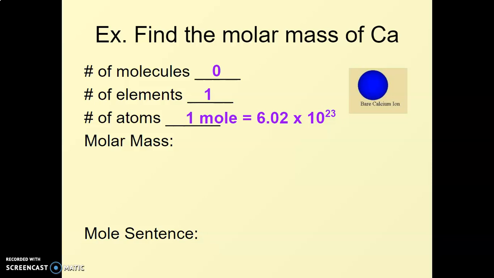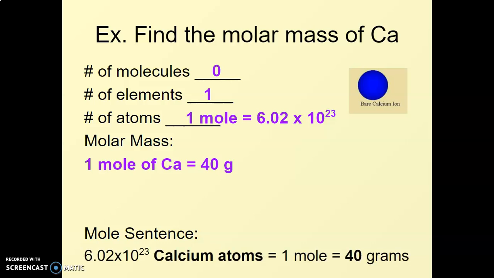Now to find the molar mass, like I said, you just go to your periodic table and look up the atomic mass. That will tell you the mass of 1 mole of that atom. So the atomic mass is near 40, so we're going to say that the molar mass is 40 grams. It's always going to be measured in grams. Always remember to include your units. And then at the bottom, we're going to write our mole sentence, which basically describes everything that we have found out through this.